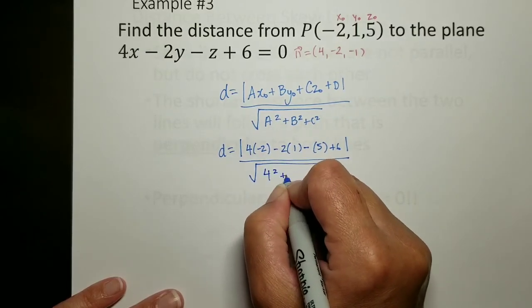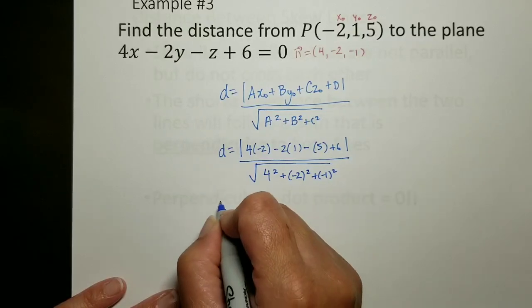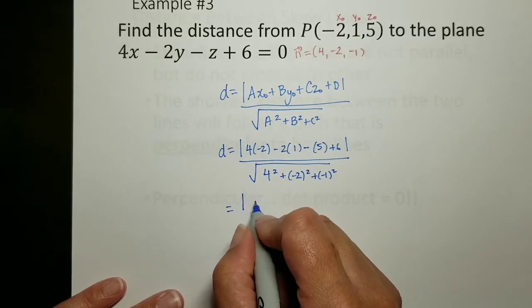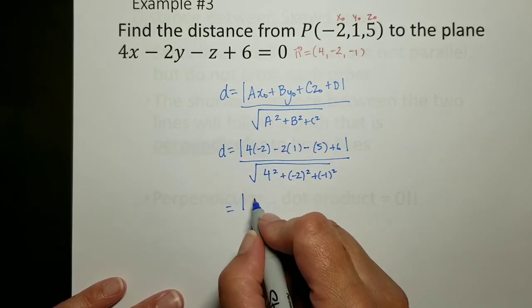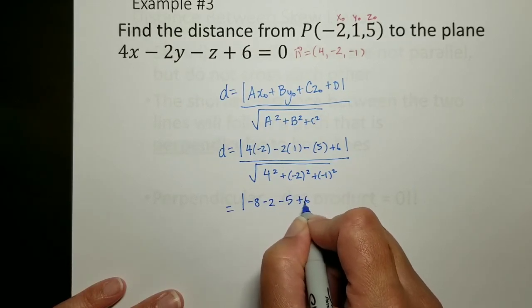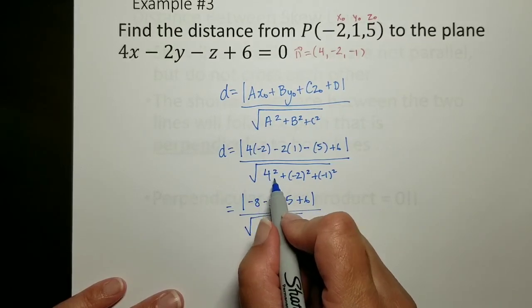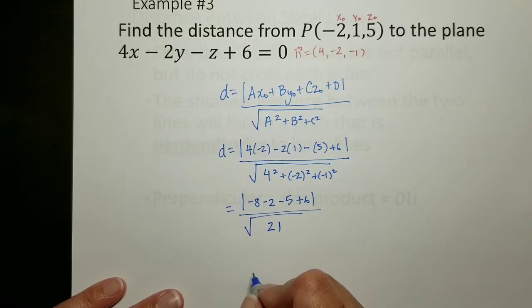So 4 squared plus -2 squared plus -1 squared. So on top we've got absolute value of -8 minus 2 minus 5 plus 6, so that'll be negative for sure. And then the square root, 16 plus 4 is 20, plus 1 is 21.